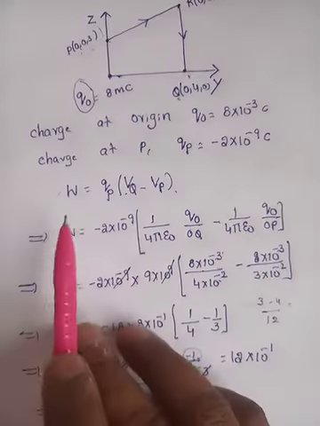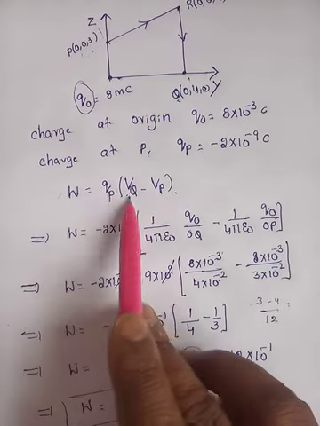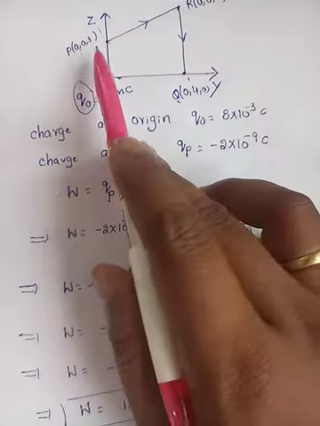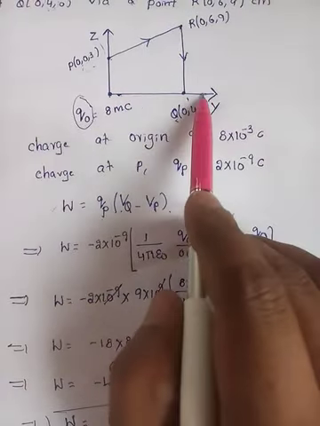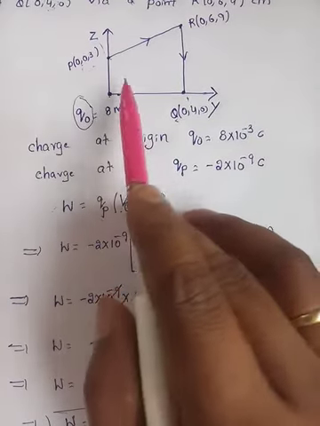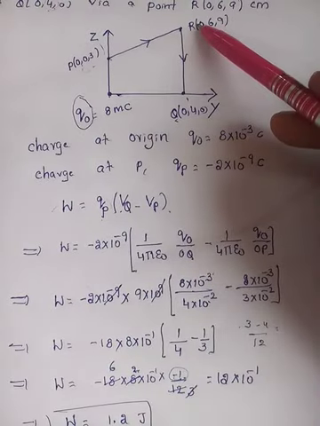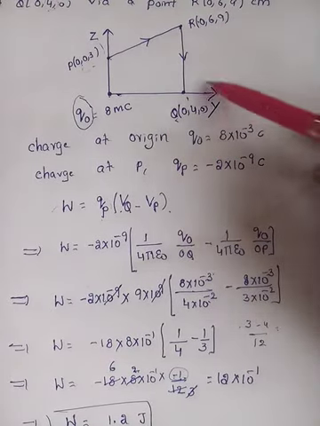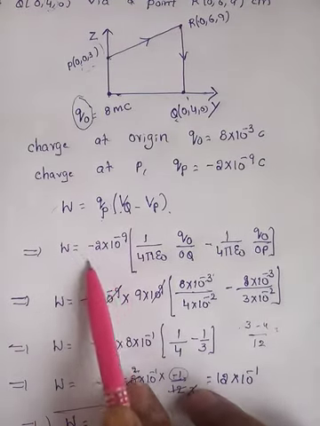So what have we done here? Work done is equal to charge into potential difference, because we are bringing the charge in a plane from one point to another point. That is considered as potential difference. It depends upon the initial point and final point, so we should not bother about R. So VQ minus VP, with the charge we are carrying being minus 2 into 10 raised to minus 9.